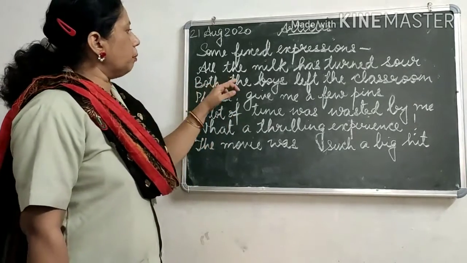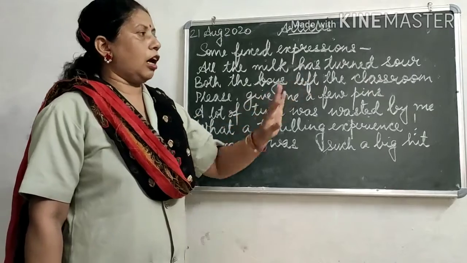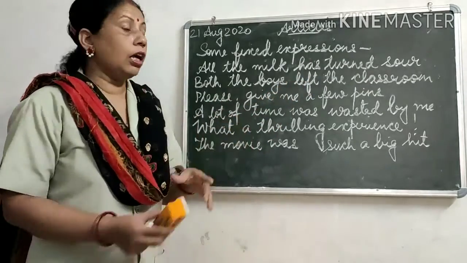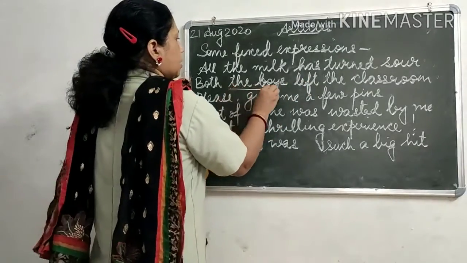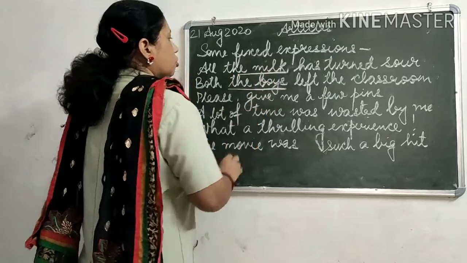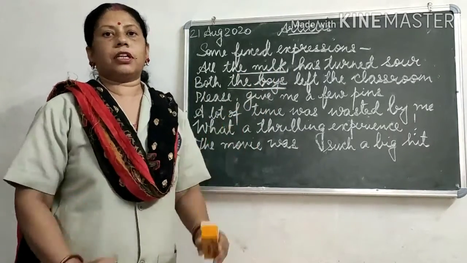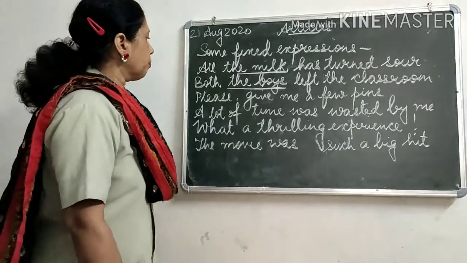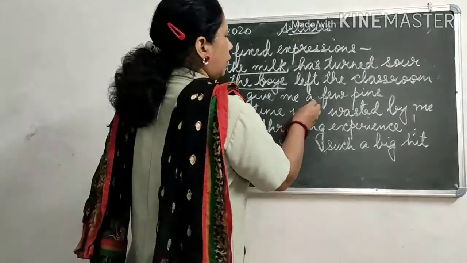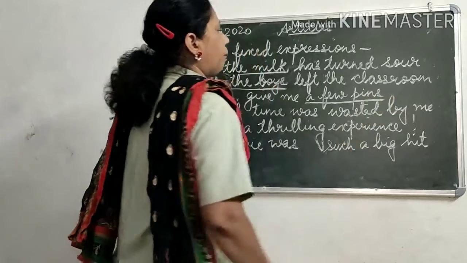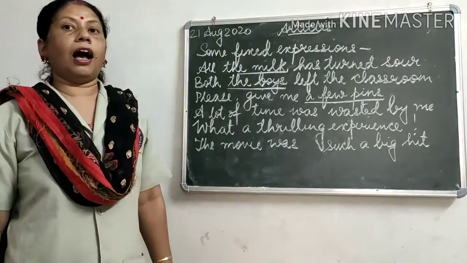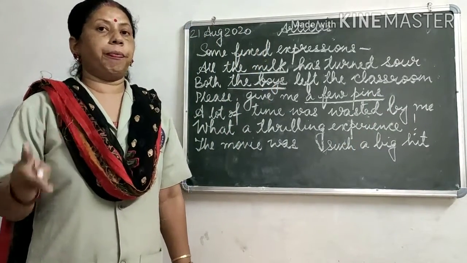Then both the boys left the classroom. Now I am talking about the particular boys here. Okay, like here milk. So particular boys I am talking about. So both the boys left the classroom. Right. Then please give me a few pins. So now here again I am using a few pins.